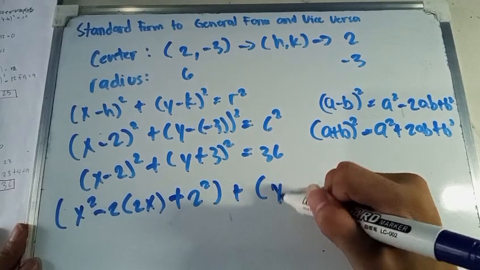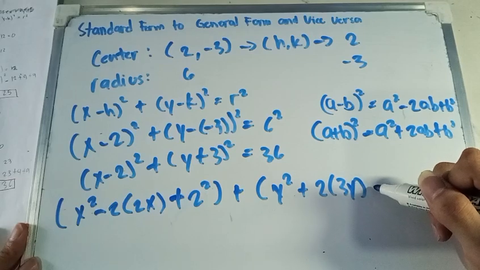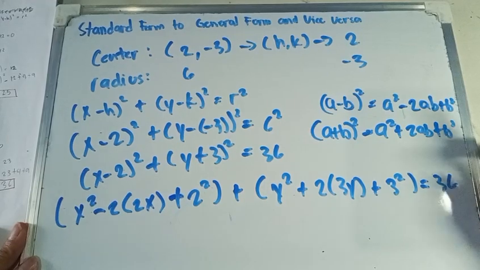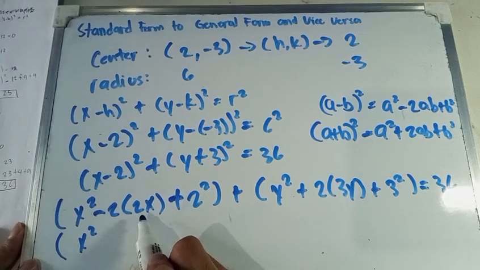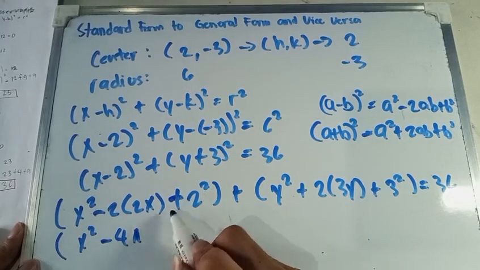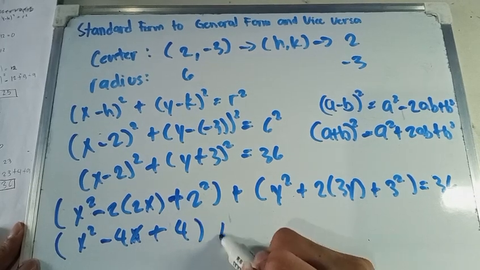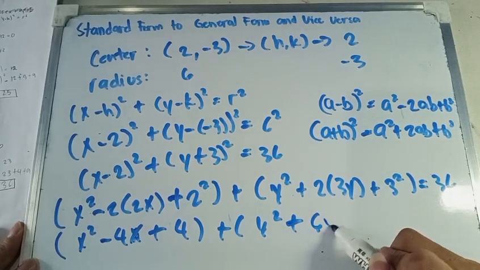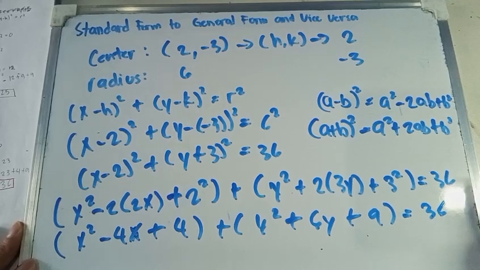Then y squared plus 2 times 3y plus 3 squared equals 36. Now, let's solve. So x squared minus 2 times 2x, that is negative 4x, plus 2 squared, which is 4. Y squared, bring down, plus 2 times 3y, that is 6y, plus 3 squared, which is 9, equals 36.